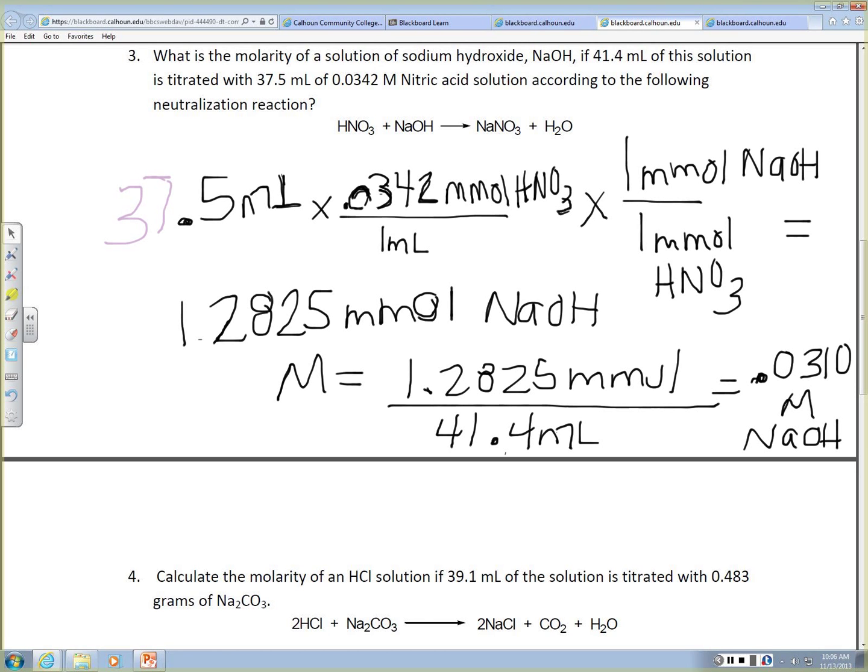This time you have a 2-to-1 ratio for your acid and your base.